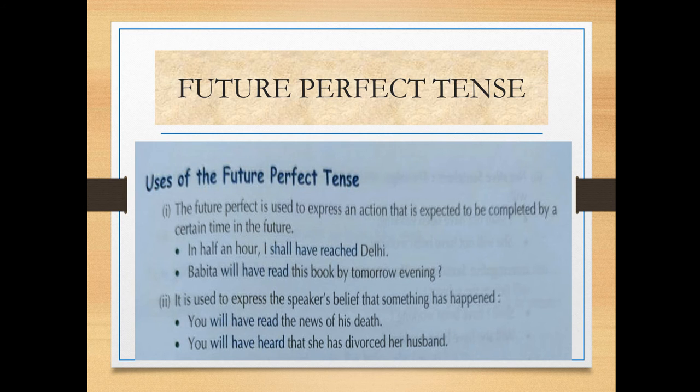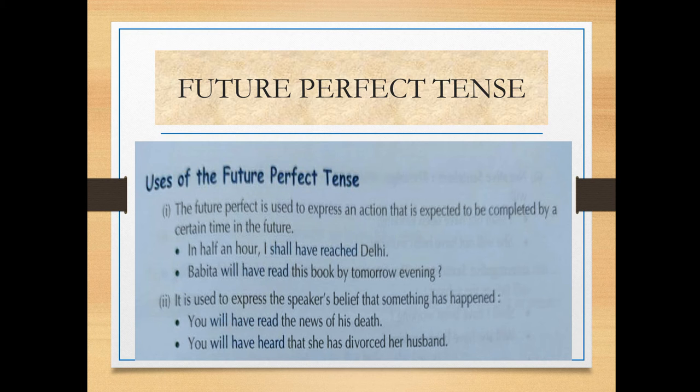Let's come to the next point, future perfect tense. Children, as you are all aware, whenever there is a perfect tense, whether it is present, past or future, we have to use has, have or had.